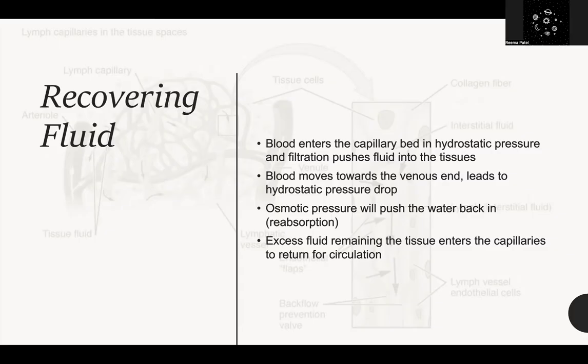Any fluid that remains or isn't reabsorbed by the capillaries will drain back into the lymphatic vessels, which will recover the fluid and return it to the bloodstream for circulation. So osmotic pressure will push the water back in, which is the reabsorption.